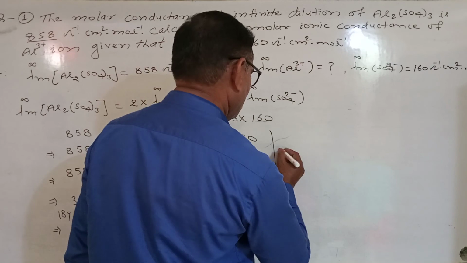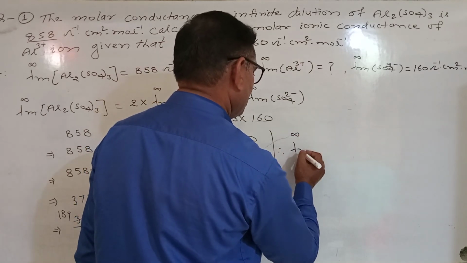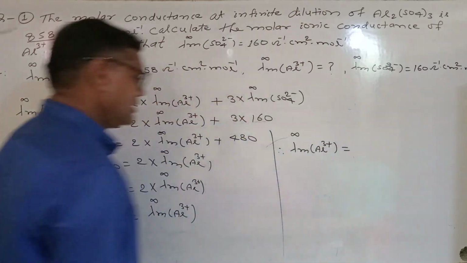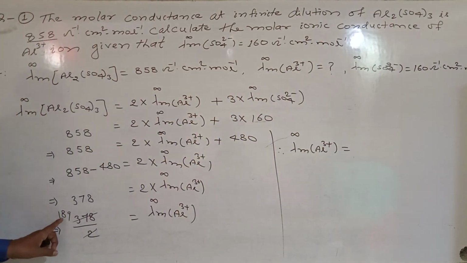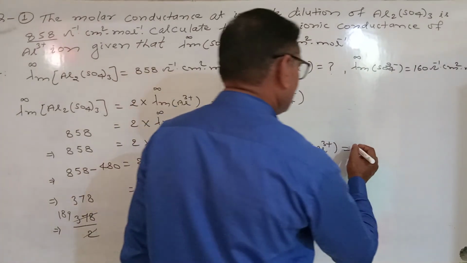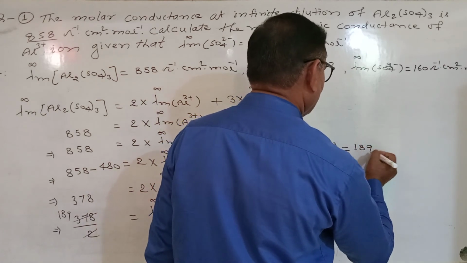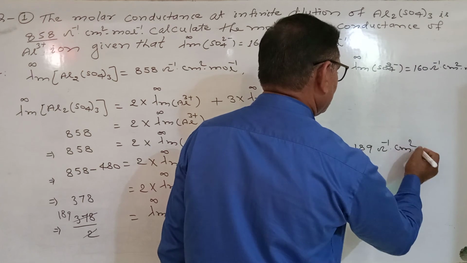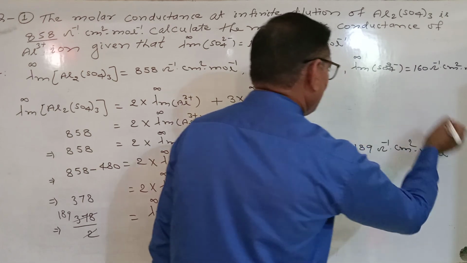The answer is lambda infinity m aluminum ion is equal to 189. The unit is ohm inverse cm square mole inverse.